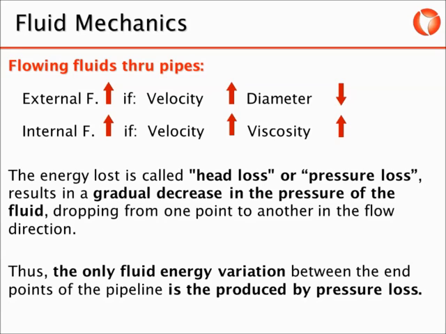The energy used to overcome these resistances is called head loss or pressure loss, in turn resulting in a gradual decrease in the pressure of the fluid, falling from one point to another in the direction of the fluid flow, pressure drop. Thus, the only fluid energy variation between the endpoints of the pipeline is the produced by pressure loss.